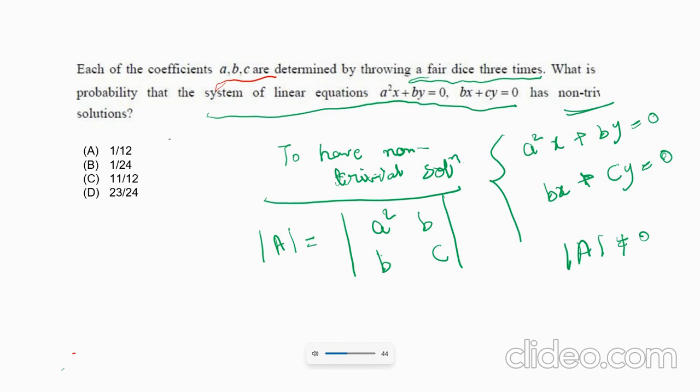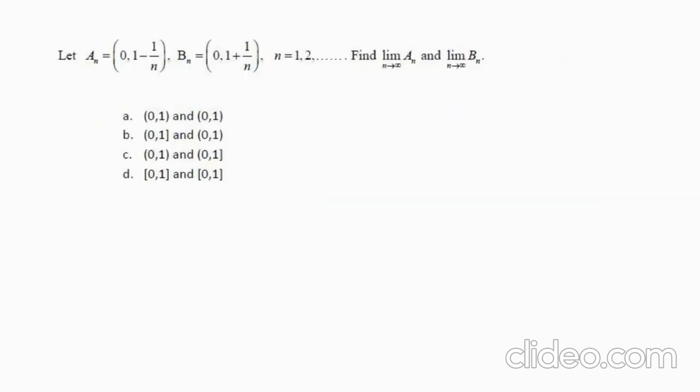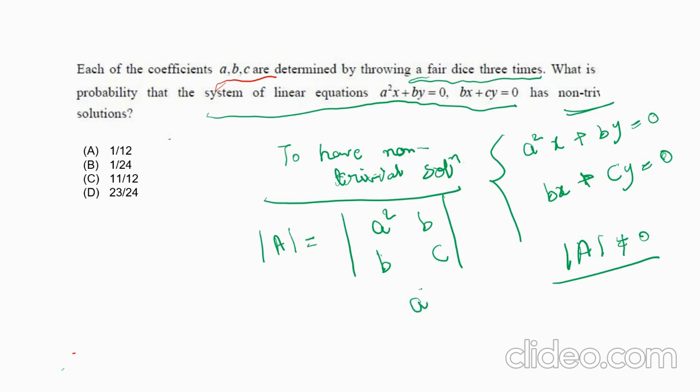Non-trivial means the solution is not just zero zero. So we want to find this probability: the determinant of A not equal to zero. It means a square c minus b square not equal to zero. So we want to find the probability of this.